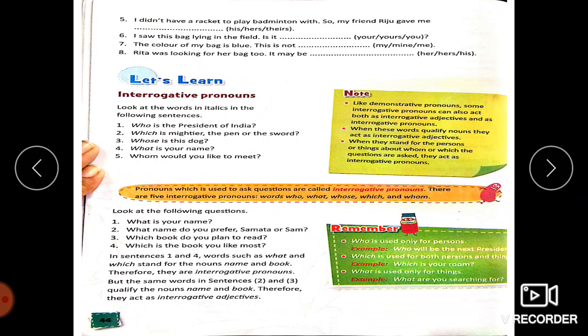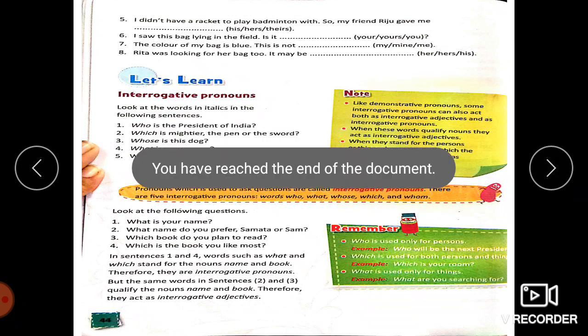In an interrogative adjective, you find the noun used right after the word of interrogation. These are the simplest ways that you can identify interrogative adjective or possessive adjective from interrogative pronoun and possessive pronoun.